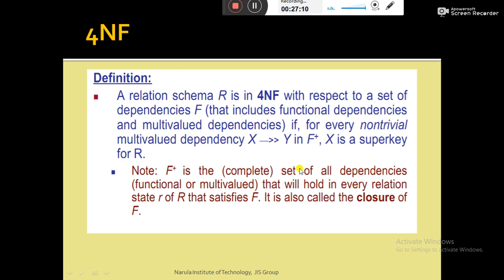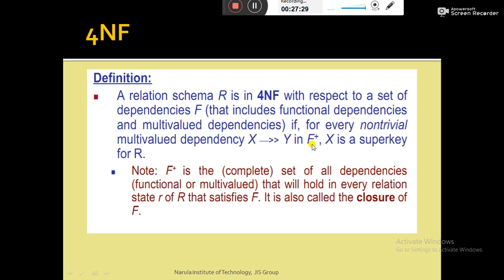The concept of F+, the closure of functional and multivalued dependencies, will be discussed in the next chapter. As of now, if you consider only F instead of F+, it also works fine.